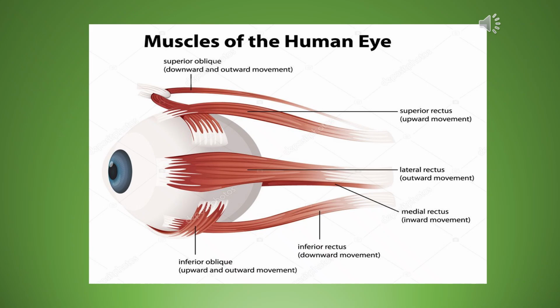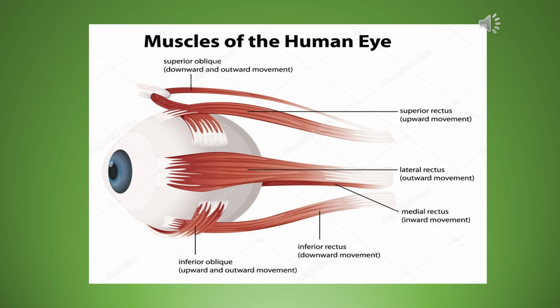Well, let's begin our tour of the sensory organs and tissues by looking at our sense of vision. So our eyeballs have to move. They move in response to the contraction of muscles. We have four muscles that attach to the eyeball and pull the eye in a straight line. Well, the word rectus means straight.